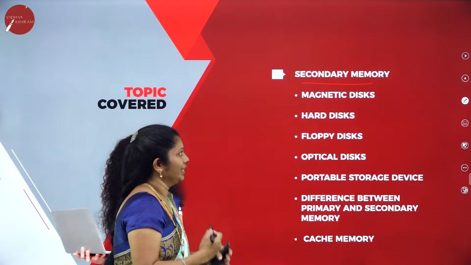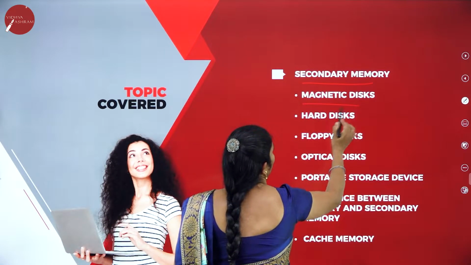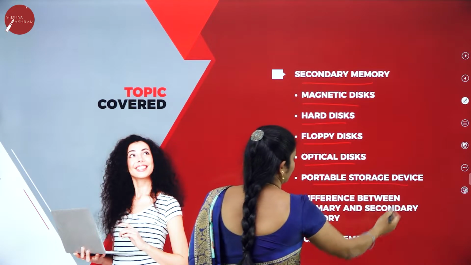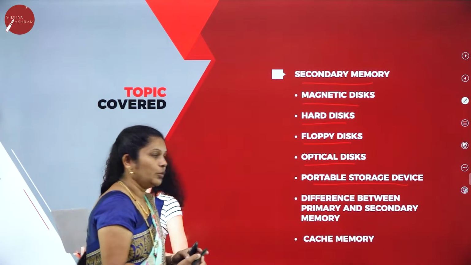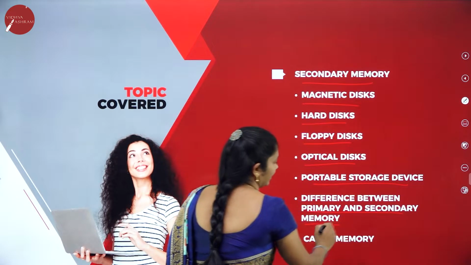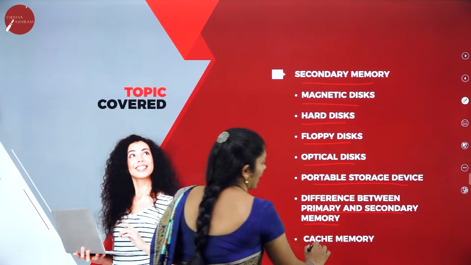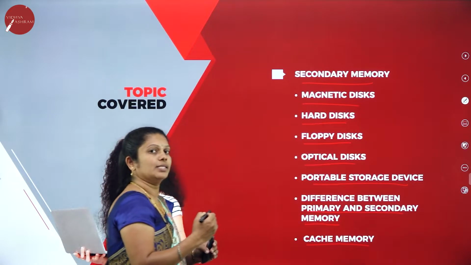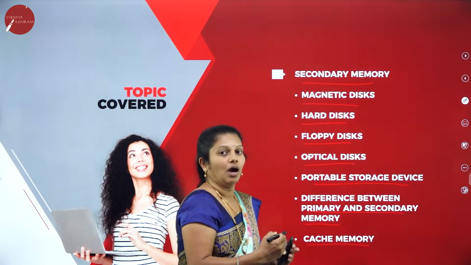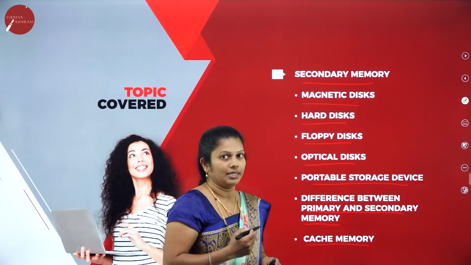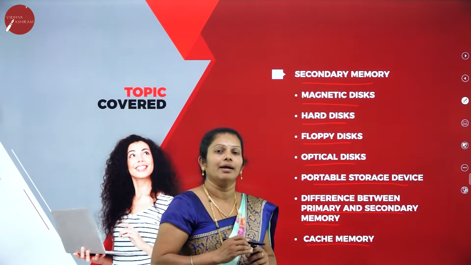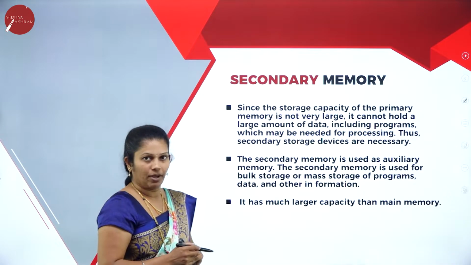The types of secondary memory are magnetic disk, hard disk, floppy disk, optical disk, and portable storage devices. With that, you will come to know the difference between primary memory and secondary memory, along with cache memory. Already in the previous class, under primary memory, you studied the types and how exactly the data is stored. Today you will come to know only about the secondary memories. Now one by one we'll discuss.